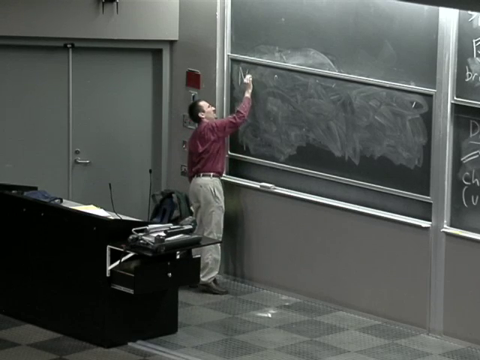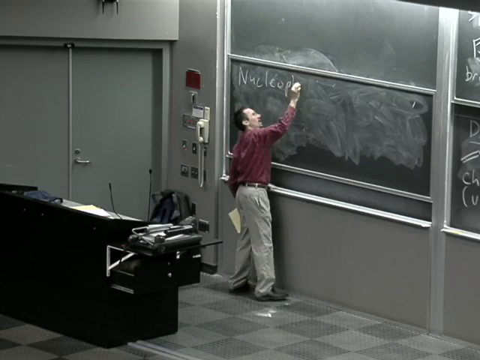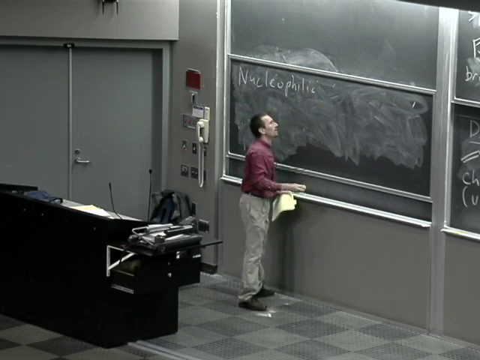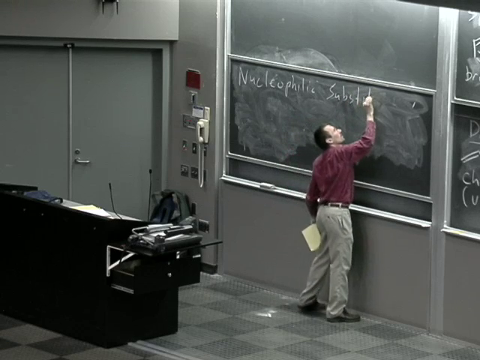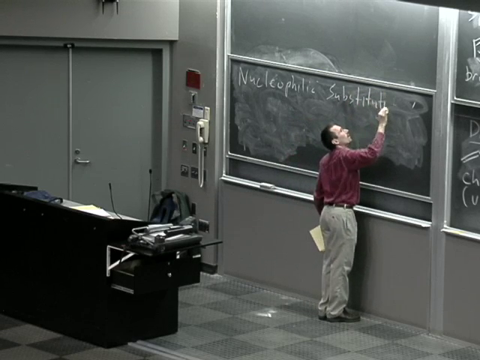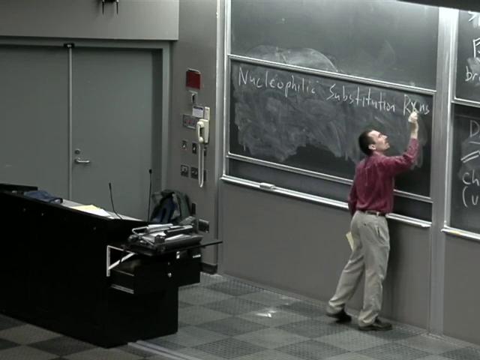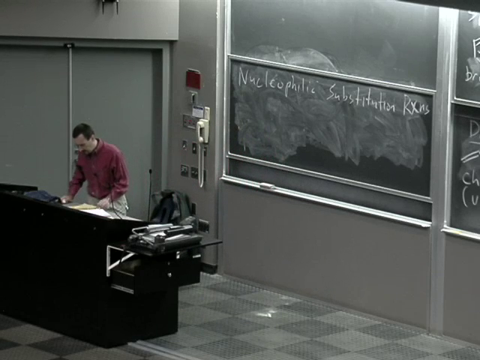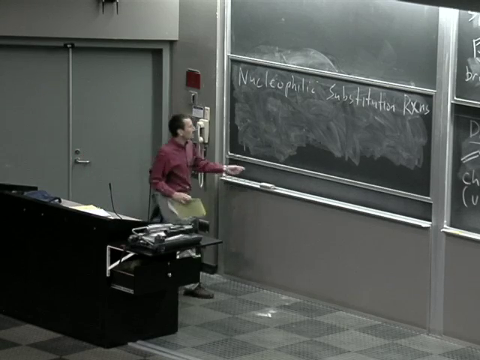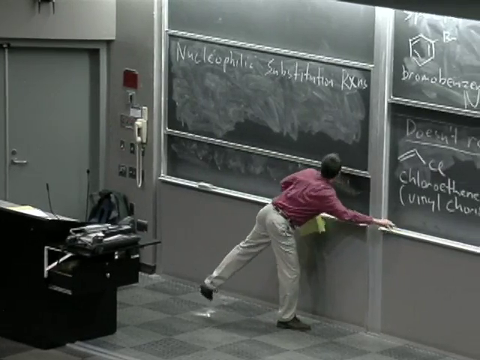These are nucleophilic substitution reactions, and then what we're going to do is generalize these to look at other examples of alkyl halides and other nucleophiles. But let's start with the two examples that I had written out before.